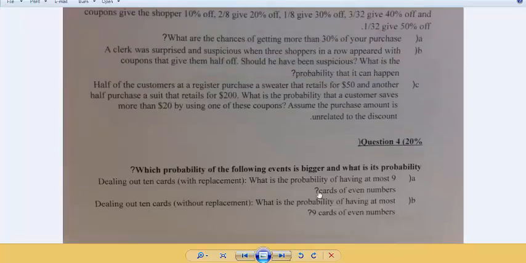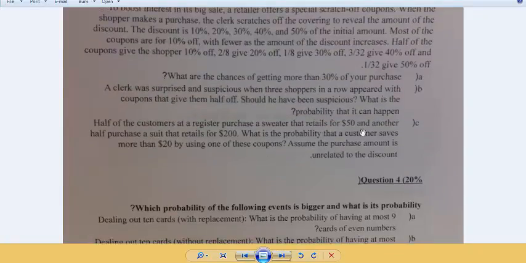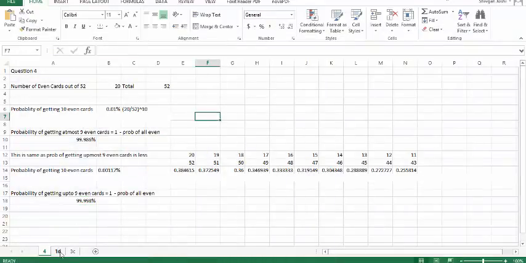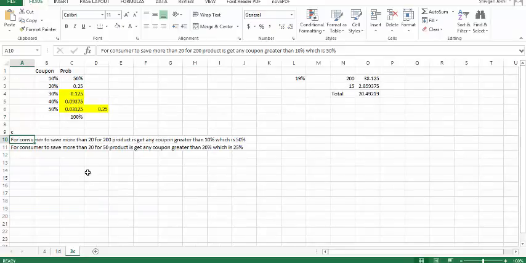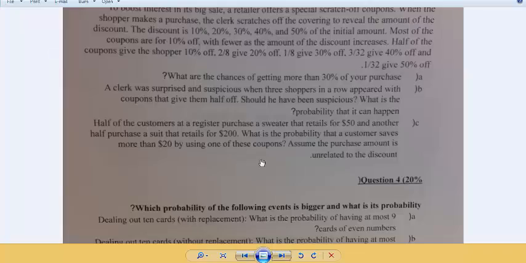When I move to the other question, it says that half of the customers register at these two things. What is the probability that the customer saves $20 by using one of these coupons? So we have to find two probabilities and see what $20 means. Half of the customers buy $50 and the other half buy $200.